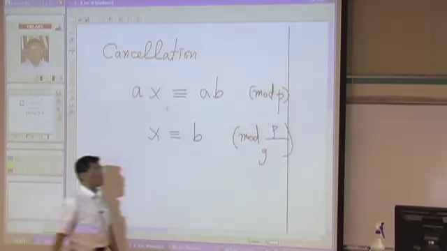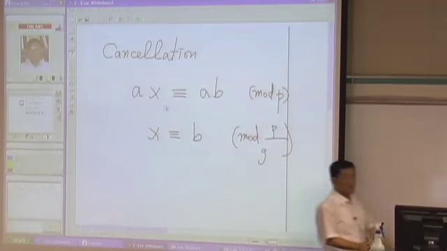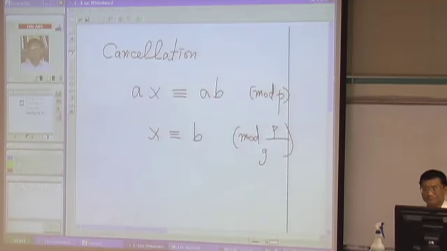Using this, we can solve this kind of problem.